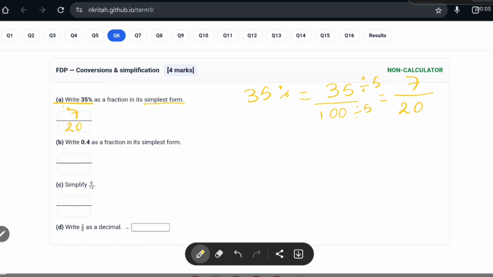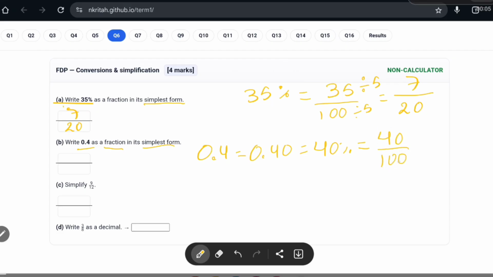And now I'm gonna do 0.4 as a fraction in the simplest form. 0.4 is exactly the same as 0.40, don't you think? Don't confuse that with 0.04, which would be 4%. In this case, 0.40 is 40%, and 40% is 40 over 100. Again, it's very simple.